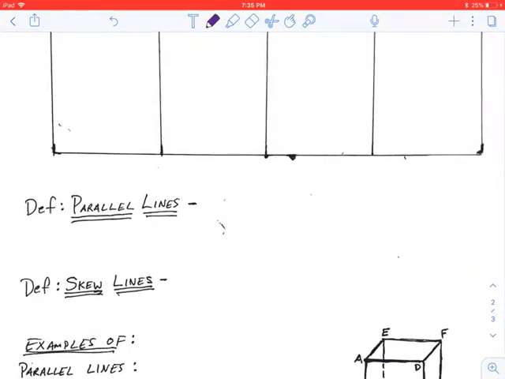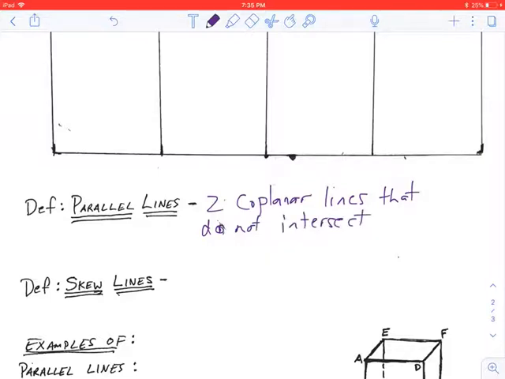So parallel lines are two coplanar lines that do not intersect. And just as a note, they go in the same direction. Okay? If they go in the same direction, that means they're coplanar automatically.